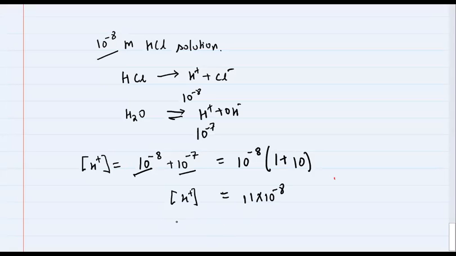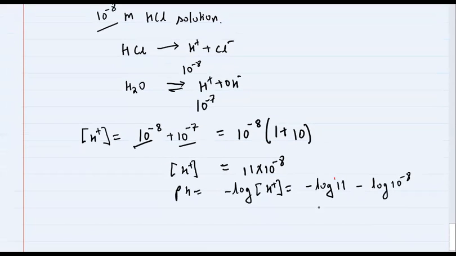Now think about this. What is pH? pH is equal to minus log concentration of H plus. Now it is 11 times 10 to the minus 8, so it will be minus log 11 times 10 to the power minus 8. So we will have 8 minus log 11. Now tell me, what is the value of log 10 base 10?